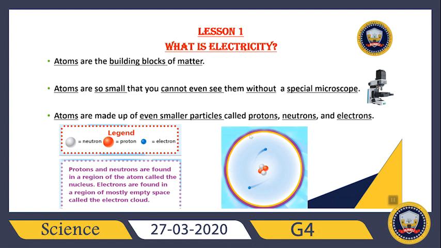You can see they are revolving in an empty space called the electron cloud. So again, the protons and the neutrons are found in the nucleus of the atom, while the electrons are revolving around them in the electron cloud.